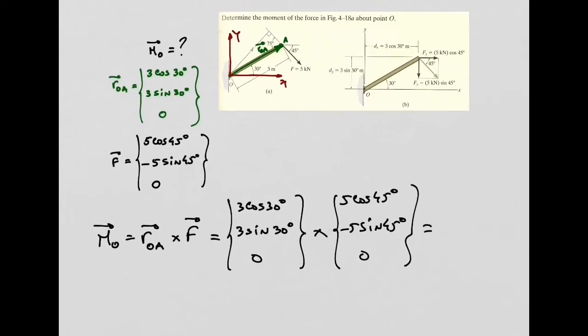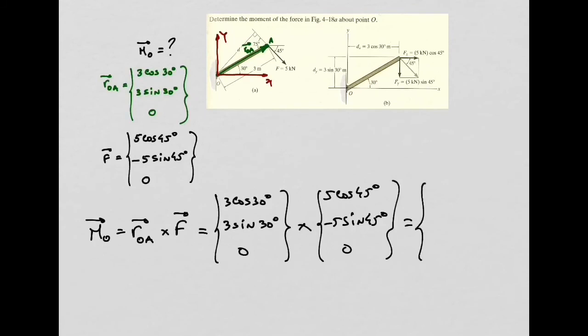And the only thing I have to do now is the cross product, and everything will come automatically. You don't need to worry if the moment is clockwise or anti-clockwise, if it is positive or negative, because the cross product will give you everything automatically. All right? So let's do this cross product very quickly.